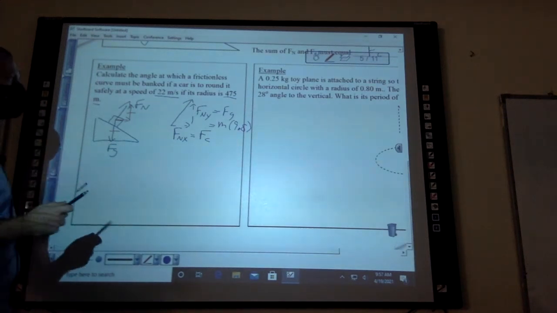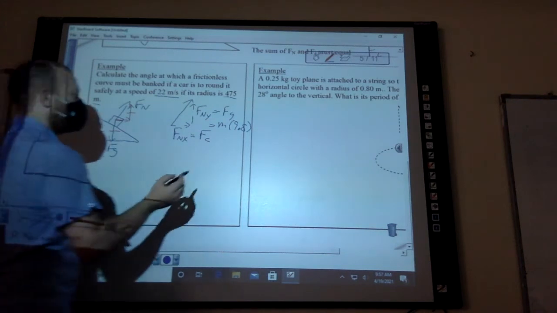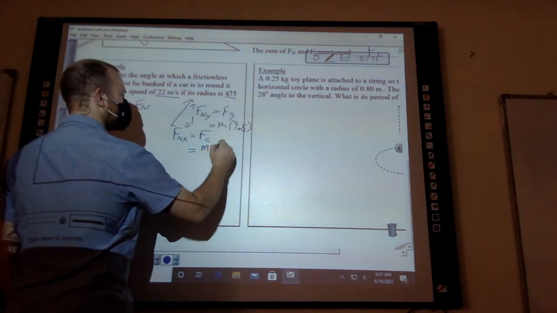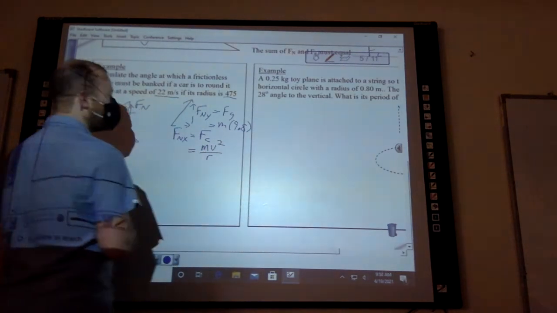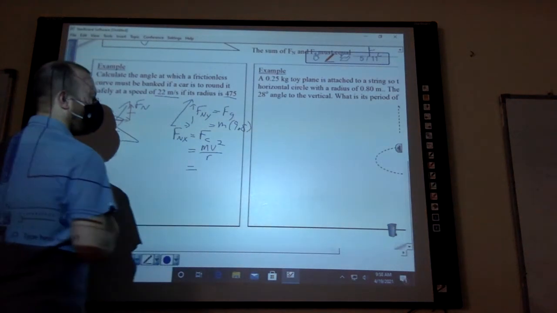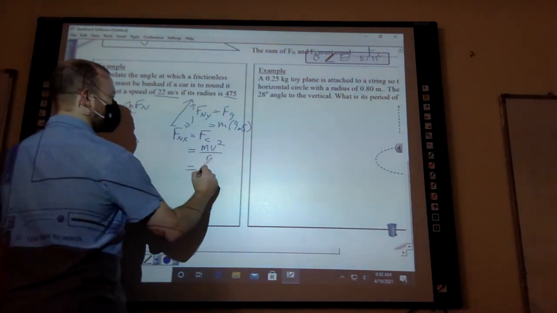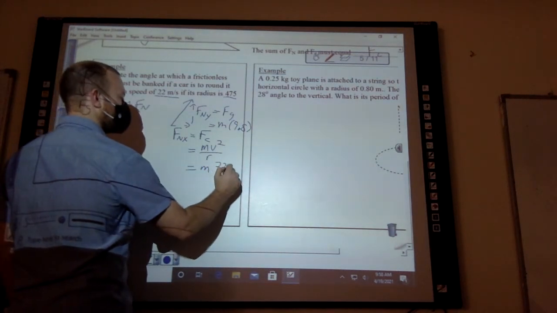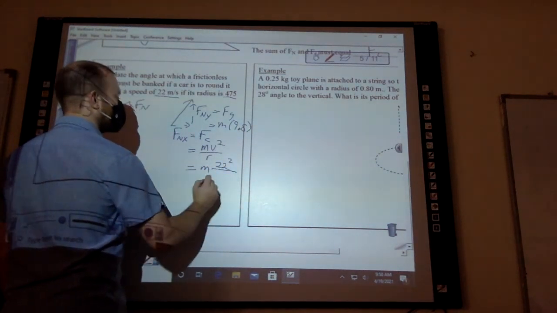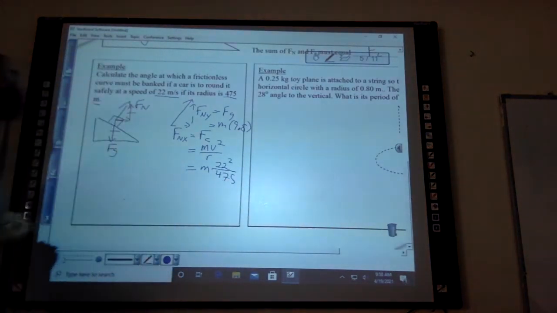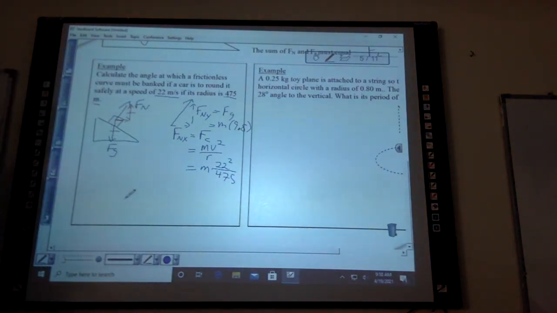So in order to get the force, we need to use mv squared over r. Again, we don't have the mass, so let's just leave the mass as is. We've got the velocity squared, 22, over radius, like this. And this is going to help me to find the angle.